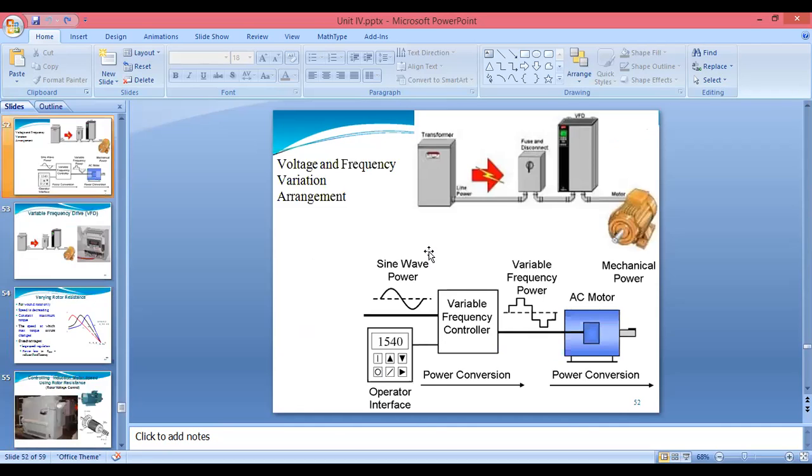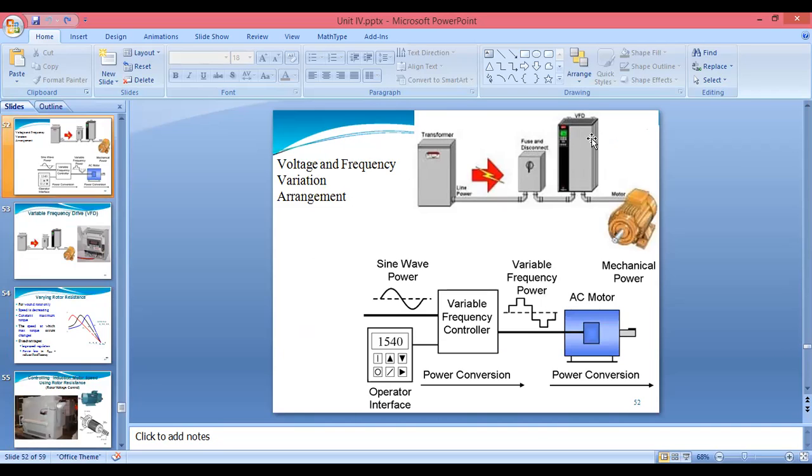When we are supposed to regulate its speed by changing its supply voltage and frequency variation, you can change its frequency by using the variable frequency oscillator.